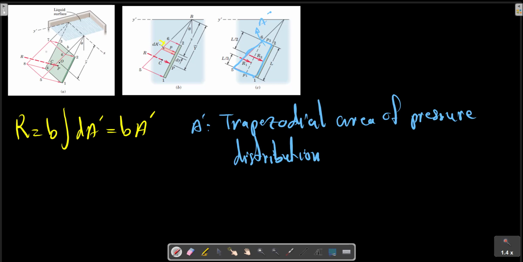The resultant force R may therefore be written in terms of average pressure. So R can be represented by p average, which equals one half of p1 plus p2, as shown in the picture here, p1 and p2.